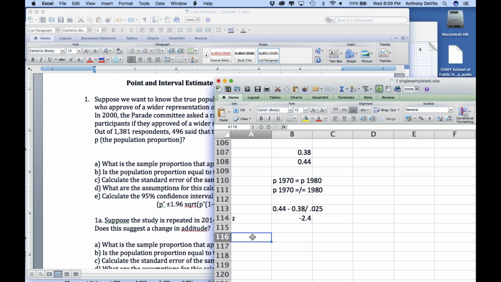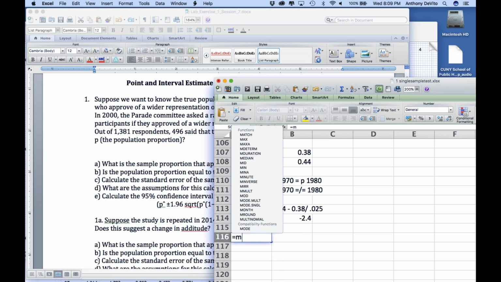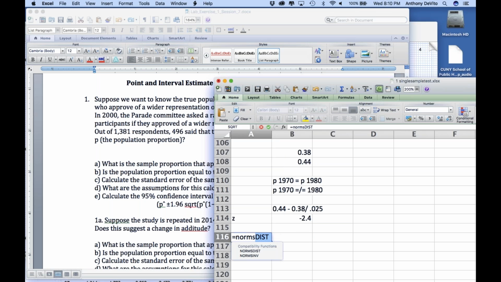So I'm going to say equals NORM.S.DIST, parentheses, give it the z-score, and it'll give me an area at the end, at the corner of the curve, and it's equal to 0.008. That's the area under the left side of the curve that's left when you look at how far apart these two are. Since I'm doing a two-sided test, I want both sides of the curve, so I double this.